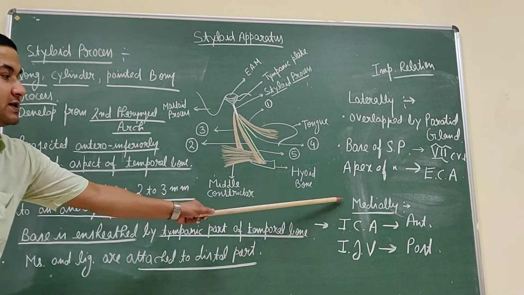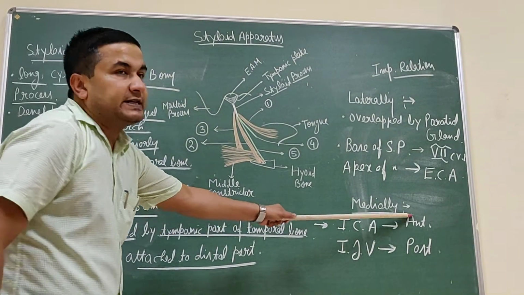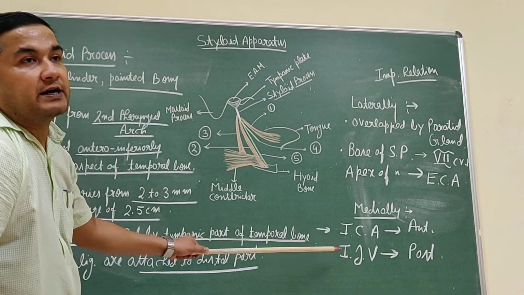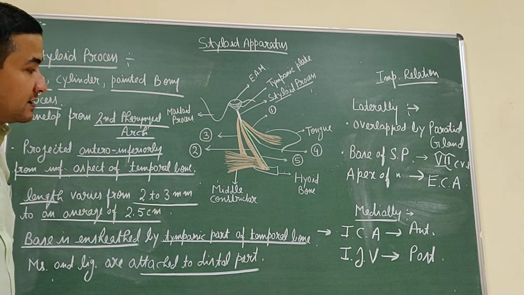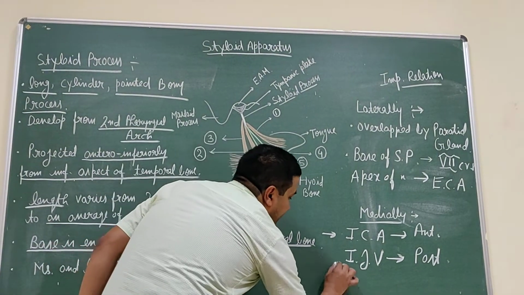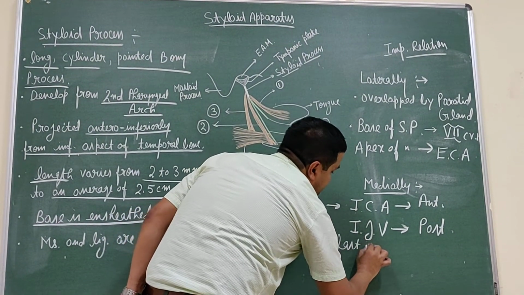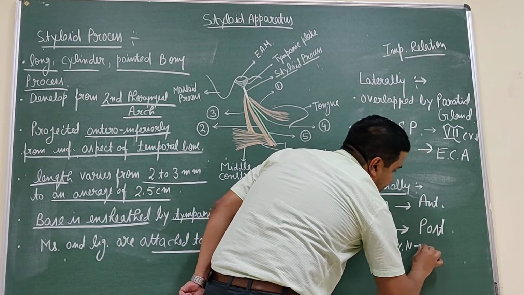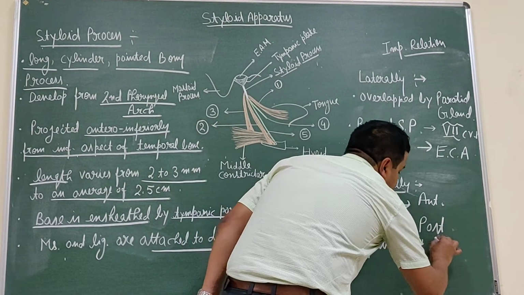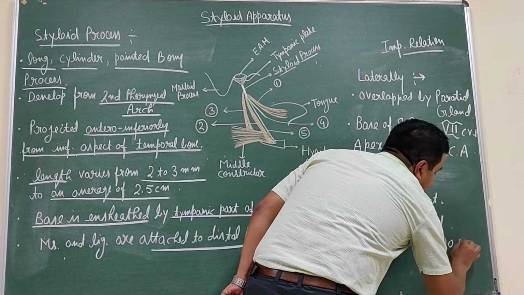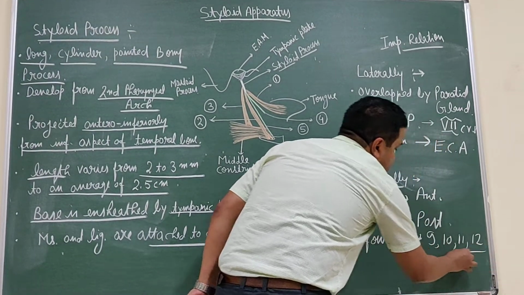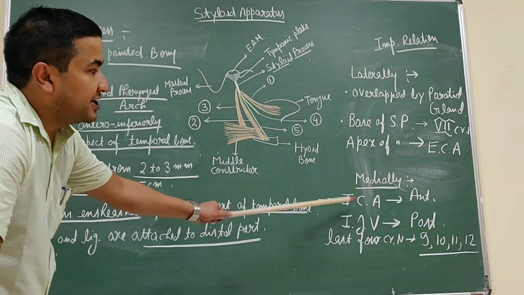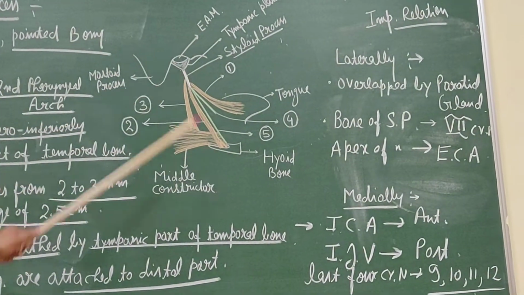Now between these two, the internal carotid artery and the internal jugular vein, lie the last four cranial nerves, that is the 9th, 10th, 11th and the 12th. These structures are related medially to the styloid process.